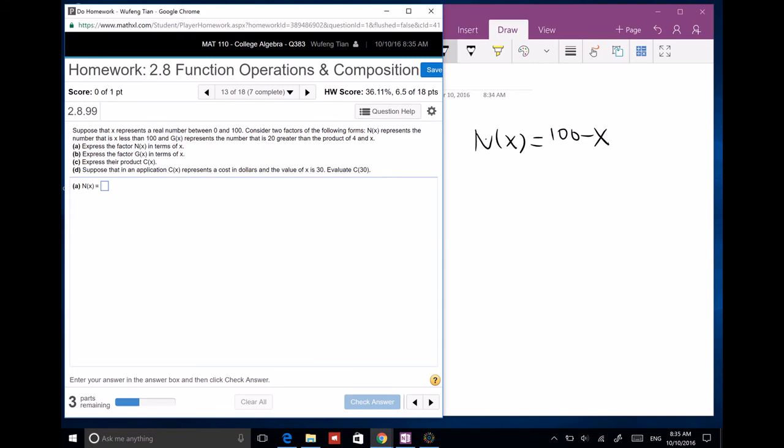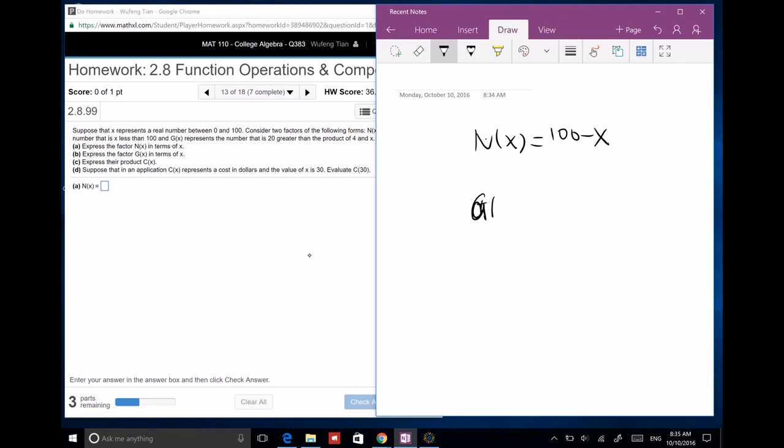And g of x represents a number that is 20 greater than the product of 4 and x, so it's 4x plus 20.